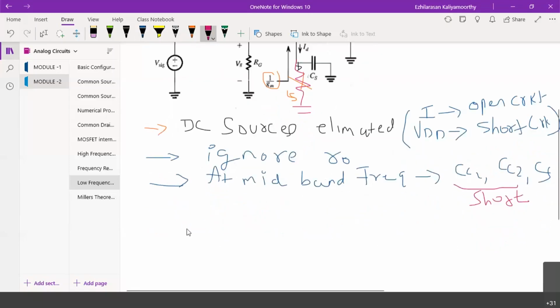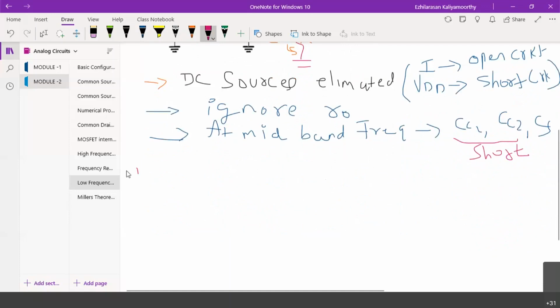Okay, now what we will do? Let us calculate the low frequency gain, that is V naught by Vi. So further what you need to do, we have to calculate VGS.